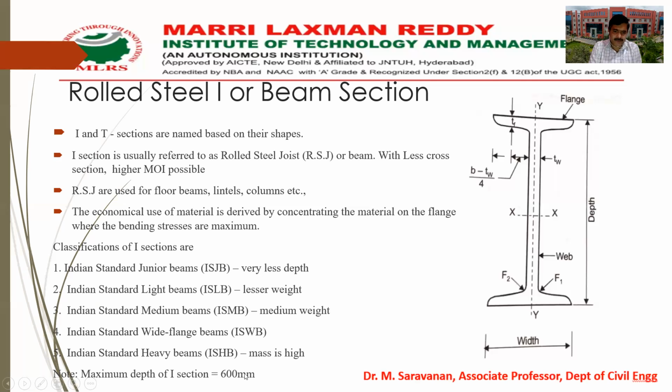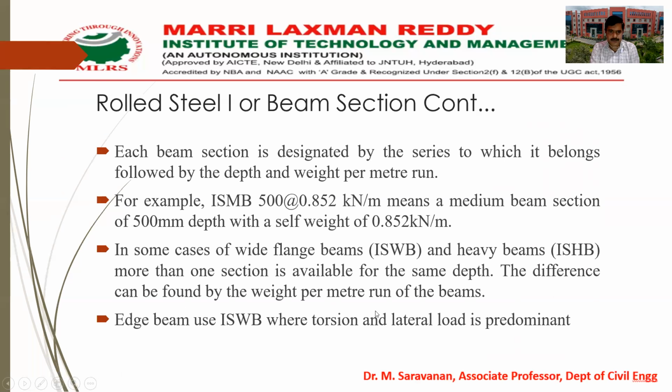The maximum depth of the I section is 600 mm. Generally, when they manufacture this type of rolled steel I section, the maximum depth is restricted to 600 mm. Each beam section is designated by the series to which it belongs, followed by the depth and weight per meter run.